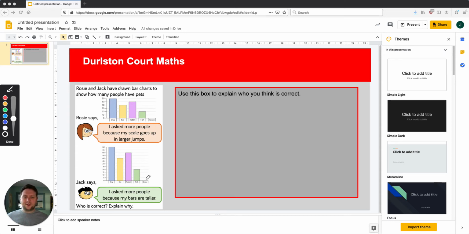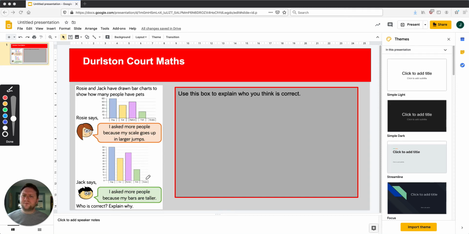I've noticed that actually they both got the same data. In both bar charts, the same amount of people have got dogs, cats, rabbits, fish, and the same zero amount of people have got snake.